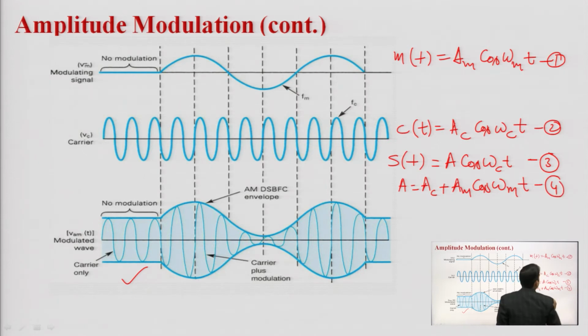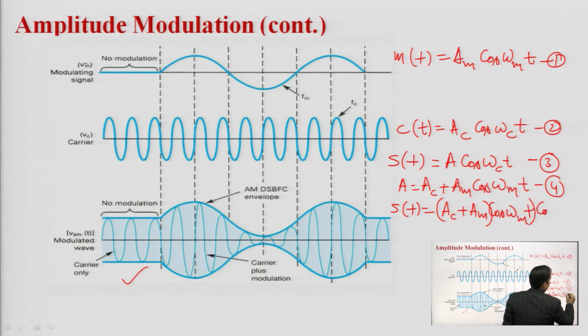If we utilize the first, second and fourth equations and substitute in equation number 3, then we can achieve that s(t) is nothing but Ac plus Am cos omega m t, and finally cos omega c t. This is the equation of AM.